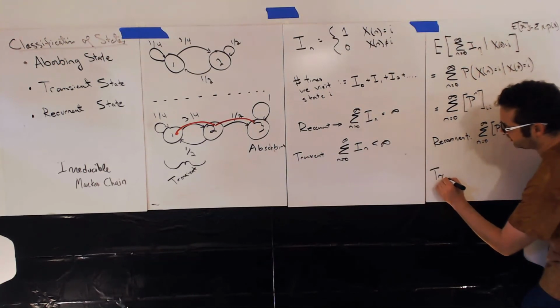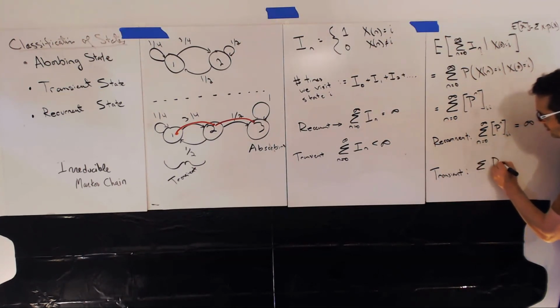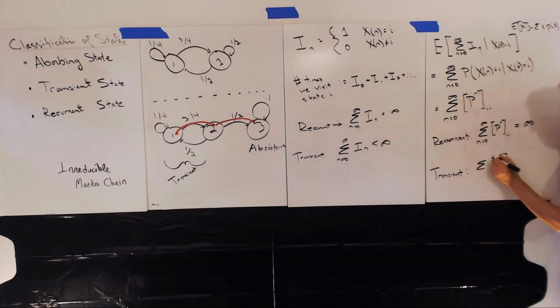Or it's transient if the sum of that same P to the n matrix, where we pull out the II value corresponding to the state we're interested in, is less than infinity.